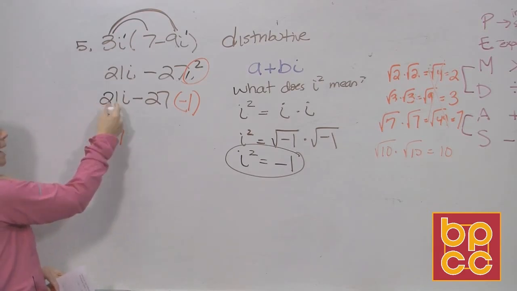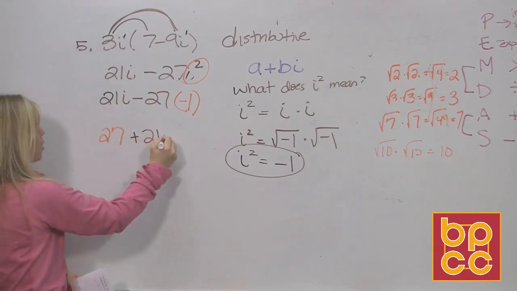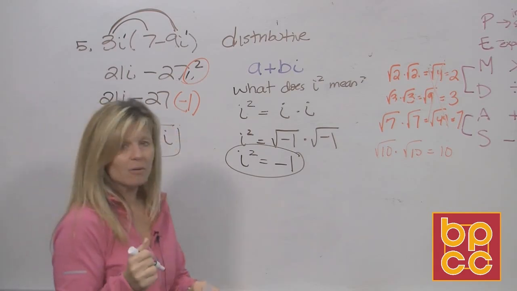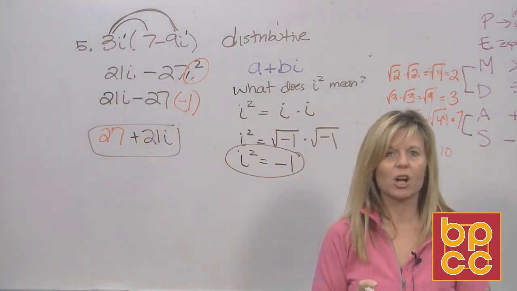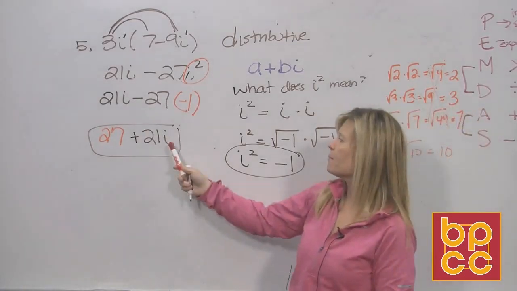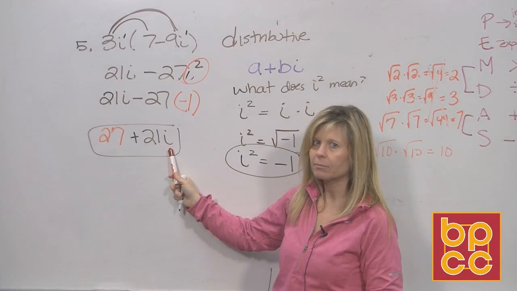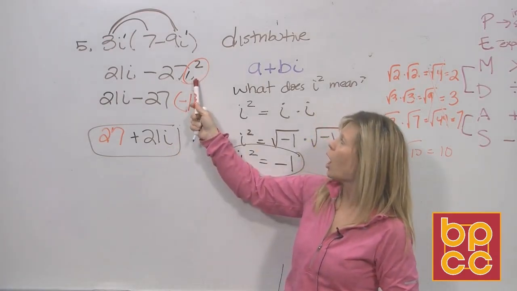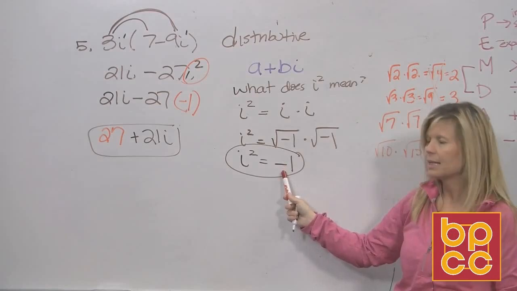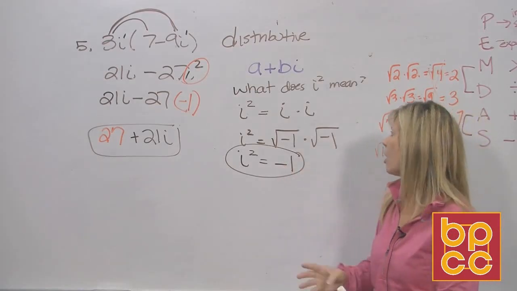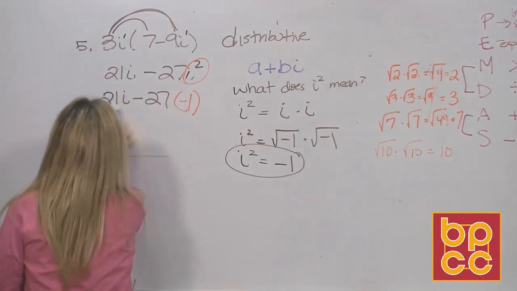This right here is your imaginary number, plus 21i. So remember, in imaginary land, the real number has to go first, followed by the imaginary. You'll know it's imaginary because it has the i. No answer should ever have an i squared. You should always replace i squared with -1. So you need to memorize that fact. Okay? Let's try another one.